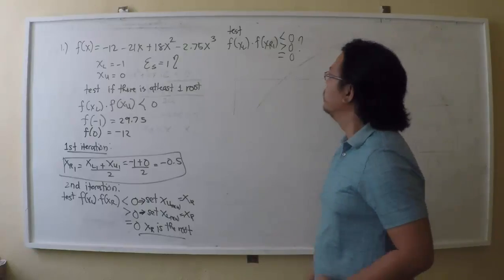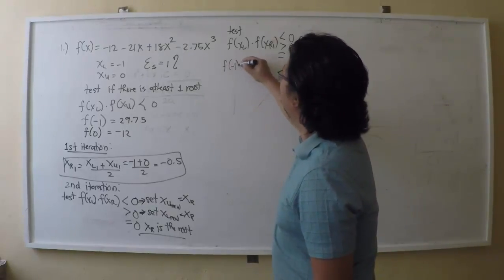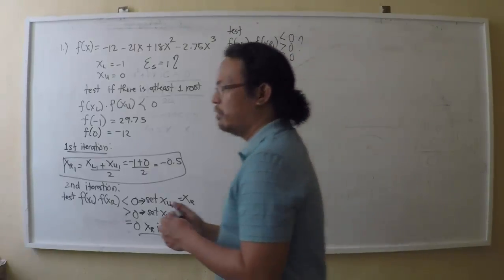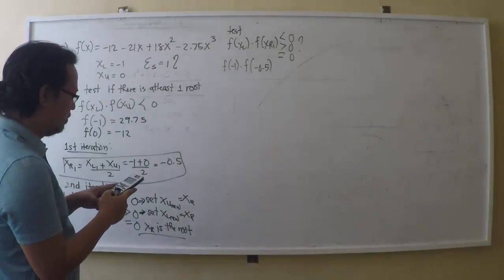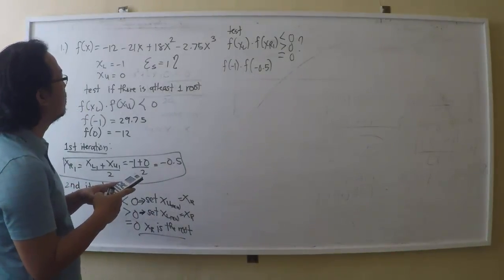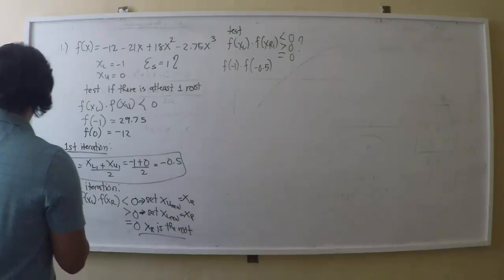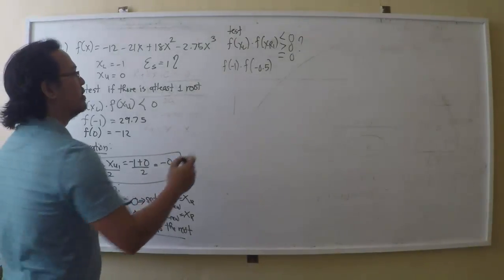I will use my calculator to compute f of negative 0.5, which is 3.3437.